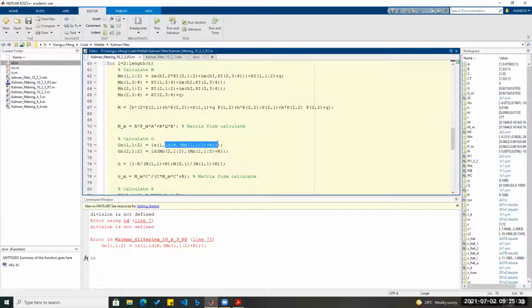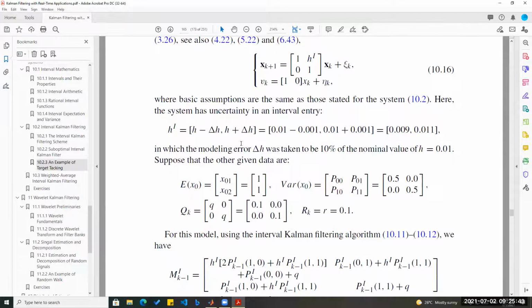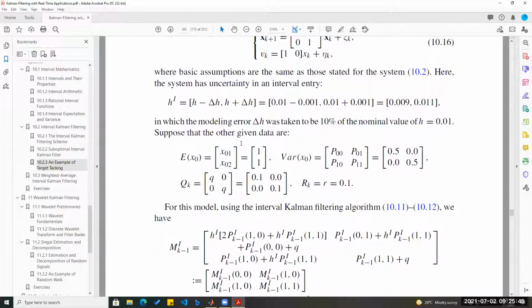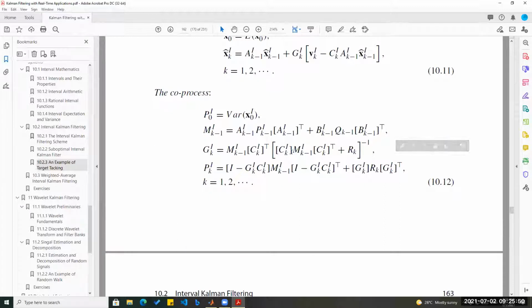So the interval must not include 0, but you cannot guarantee that, because for interval multiplication, it's not like two numbers multiplied together, all positive.